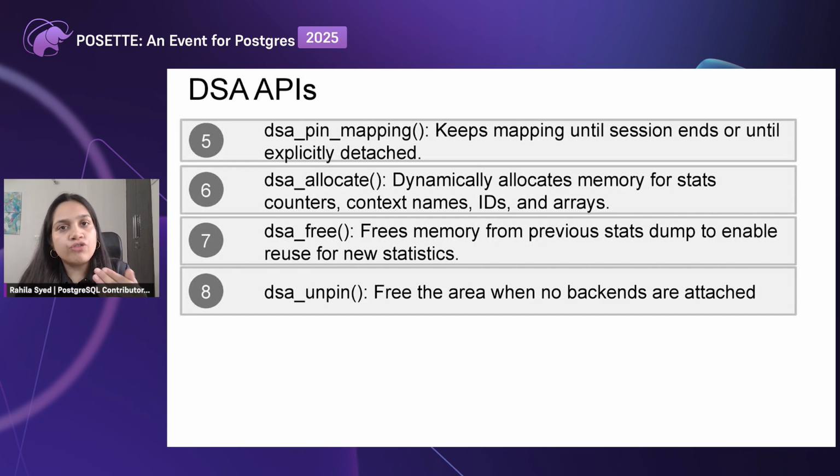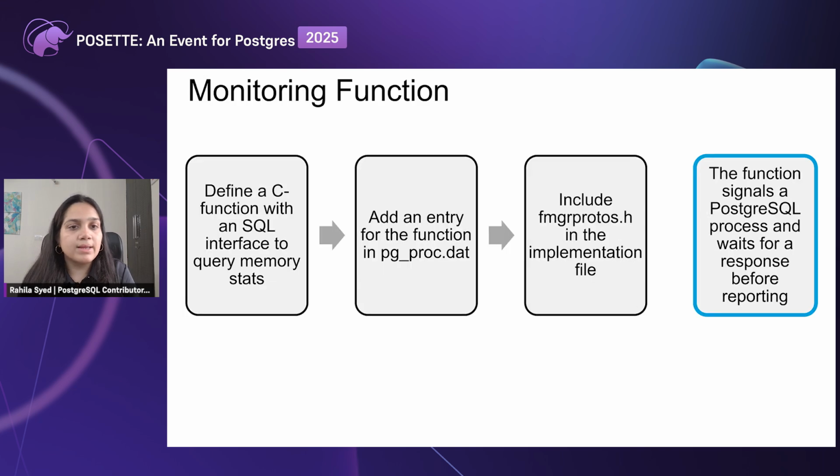DSA free is used to free the memory which is allocated previously so that it can be reused. DSA underscore unpin is used when we want to destroy the DSA after all the backends have detached from it.